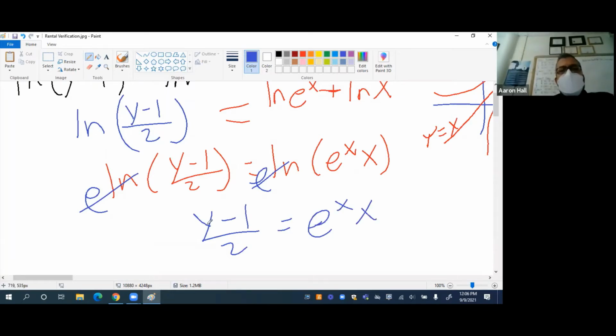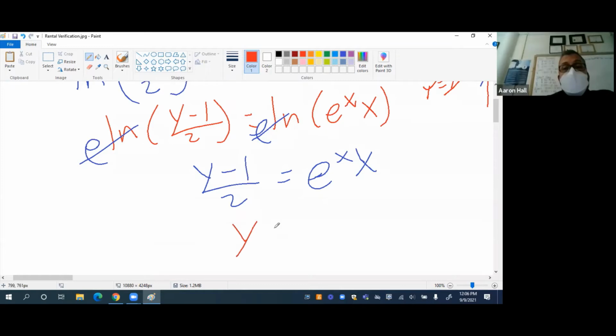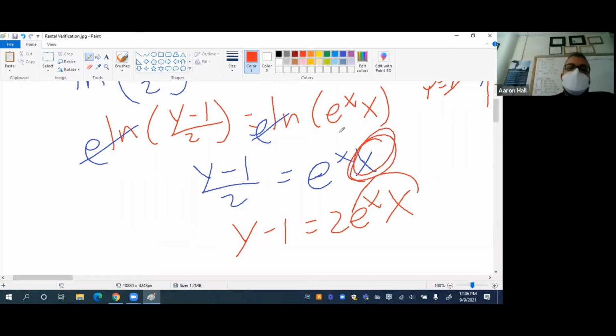What were the directions? Solve for y. Now what? Multiply both sides by 2. So I have y minus 1 equals 2 times e to the power of x times x. I'm going to move the x in front because it's hard to tell sometimes whether it's an exponent or not, so it helps to write it in the front so that there's no confusion.